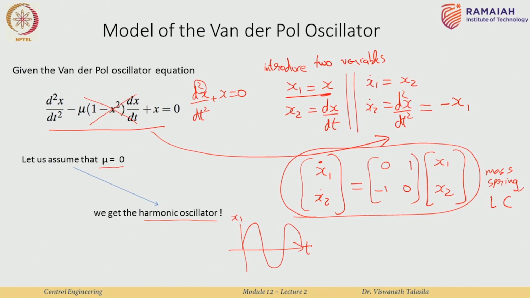In fact, a small exercise for all of you, please compute the eigenvalues of this system, and you will see that the eigenvalues will lie on the imaginary axis, okay. And when the eigenvalues lie on an imaginary axis, we have seen before it produces the behavior of a center, right, a closed orbit.